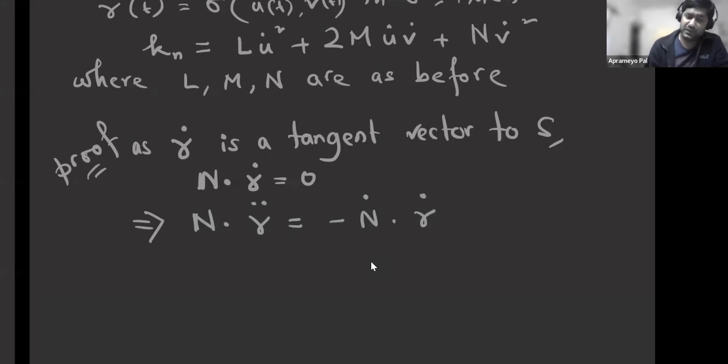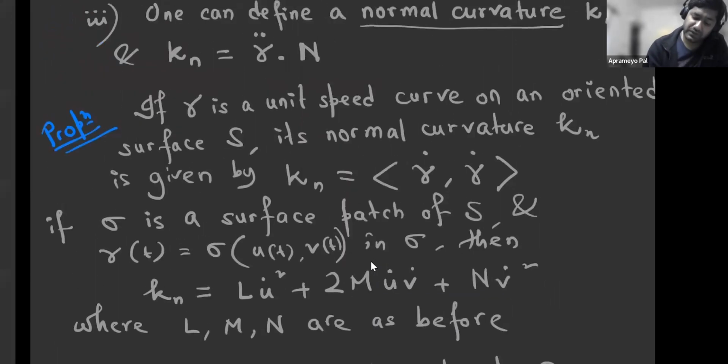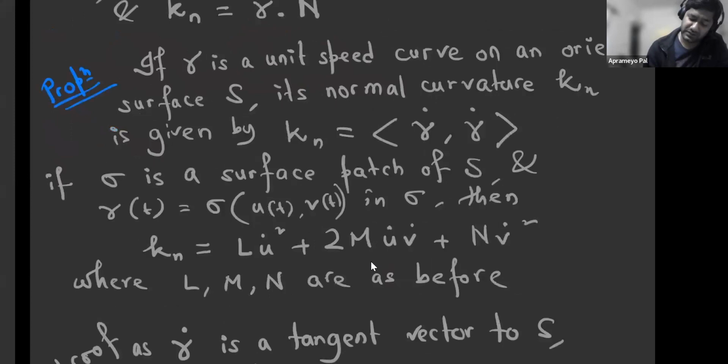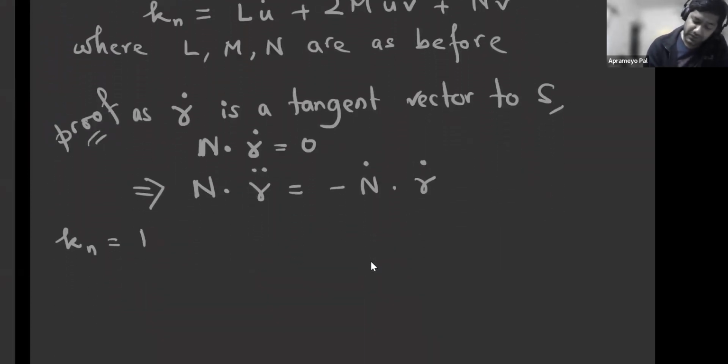This is just by the chain rule. Now by definition, as I told you, we can take this as a working definition, kappa n is n dot gamma double dot, which is nothing but minus n dot gamma dot.